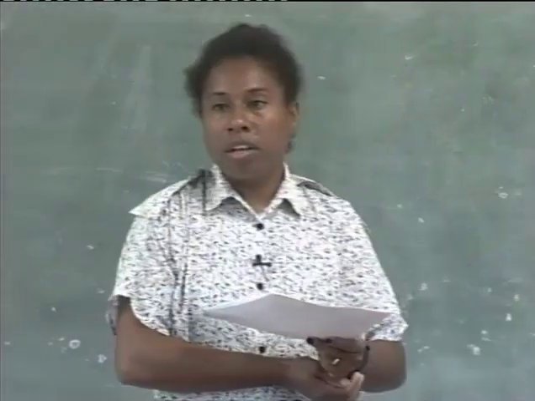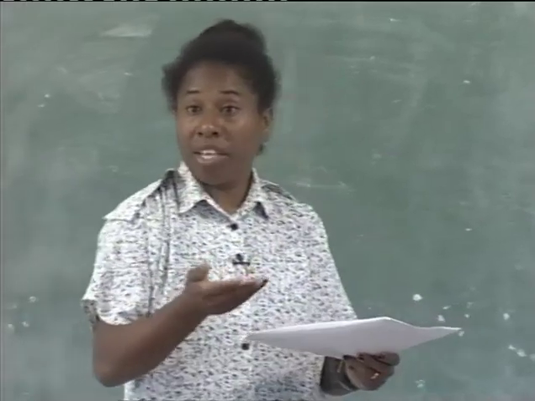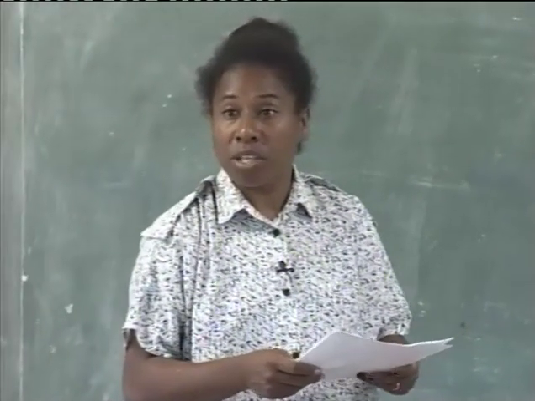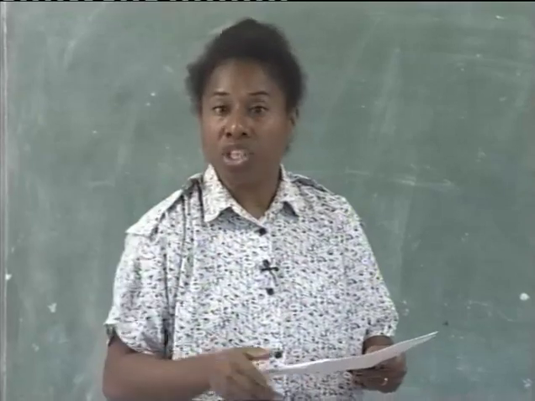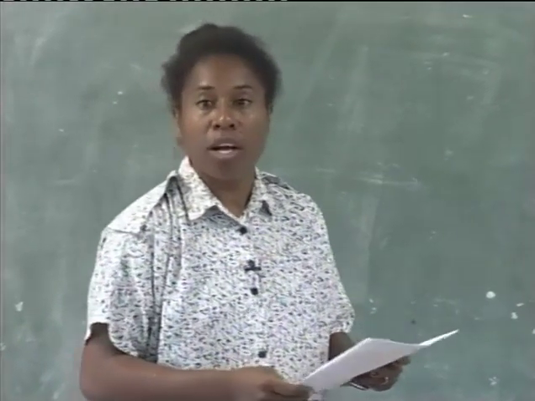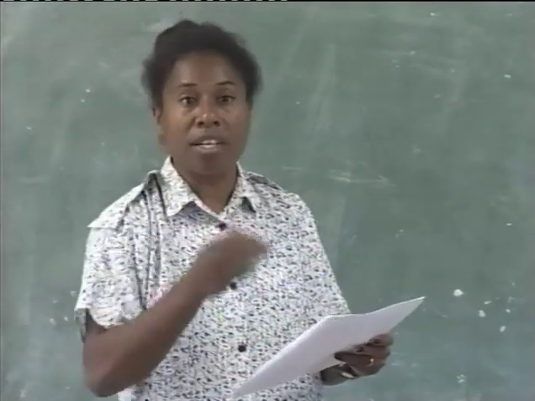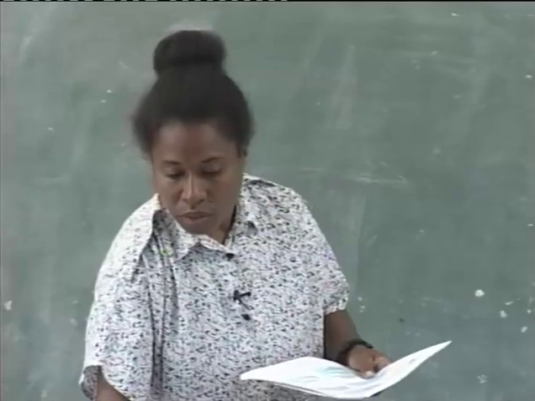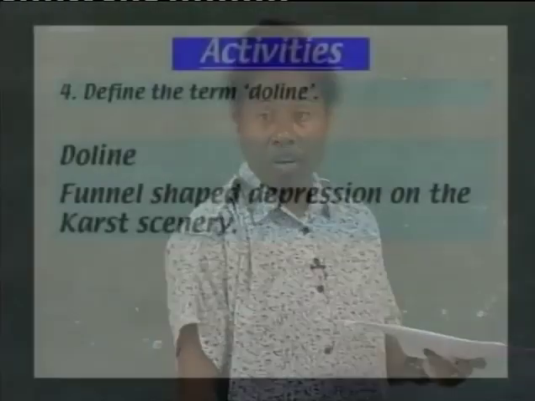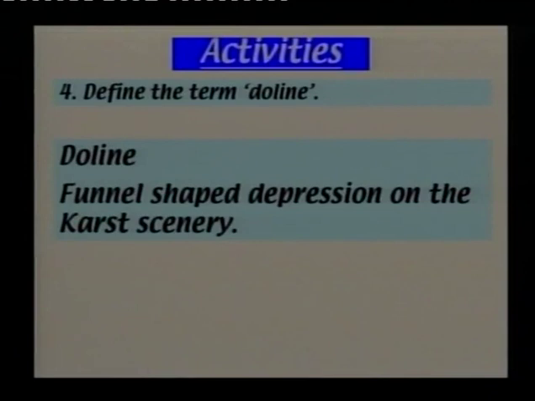Okay, very good. Due to chemical weathering, materials are washed away as they get to be dissolved, resulting in a depression being created or subsidence due to the washing away of those materials which are on the surface. Okay, and that will also give us an answer for what a doline is for our activity 4 to define the term doline. Simply, it is a funnel-shaped depression on the karst scenery, and not Gideon, but Gibest has explained to us how that particular feature is formed.